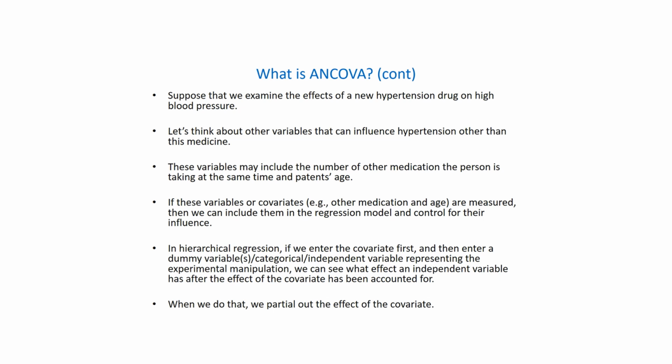This allows researchers to assess the incremental contribution of each block of predictors to the variance in the dependent variable, which means when we enter them in a stepwise manner, we can understand what variable is showing what kind of influence on the results of the data set. So in hierarchical regression, if we enter the covariate first and then the independent variable, we can see what kind of effect the independent variable is having on the results of the data set.